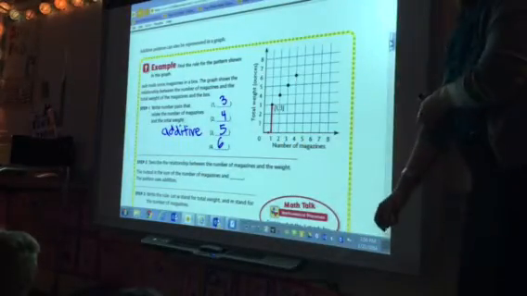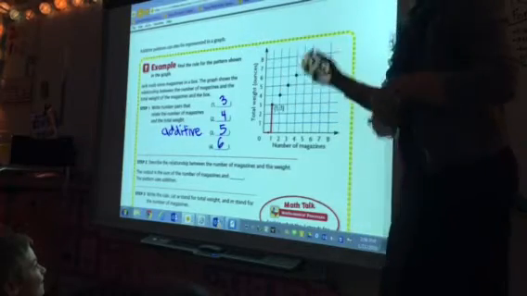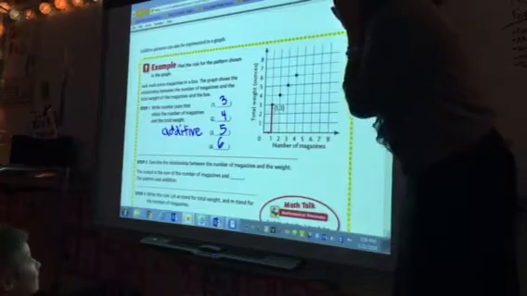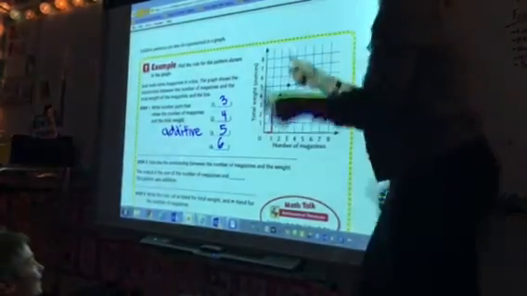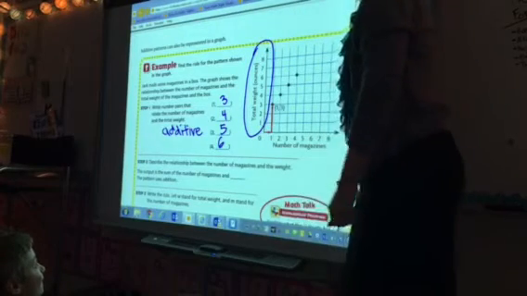You know how yesterday we had output equals input plus the rule. Big secret: this is always the output. This is always the y-axis.